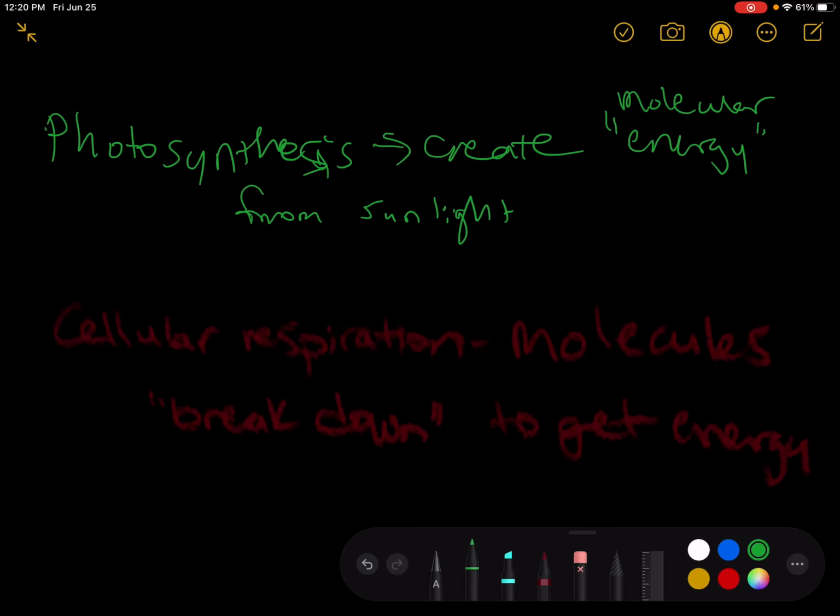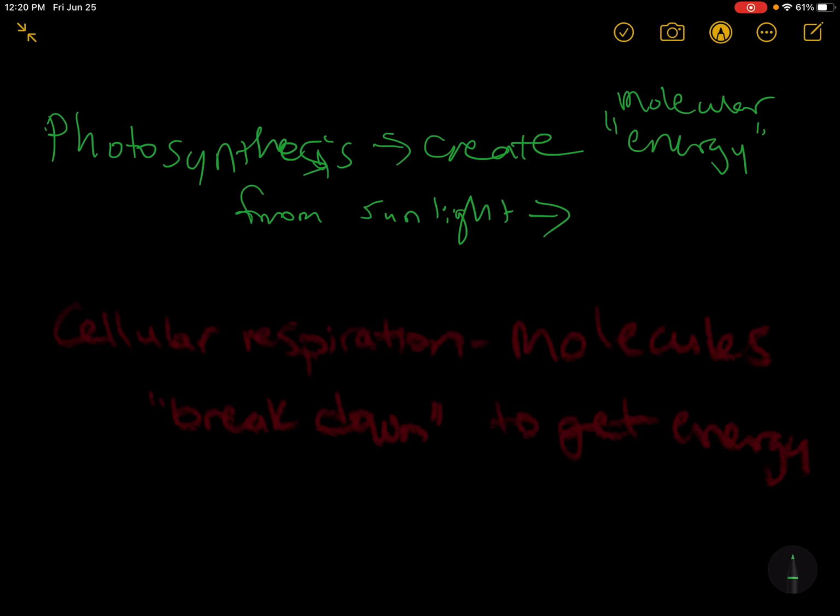What do we mean when we are referring to energy in these two examples? Well, in the case of photosynthesis, when we are taking in that sunlight, we're producing ATP specifically, which is a very useful energy carrying molecule in the cell.